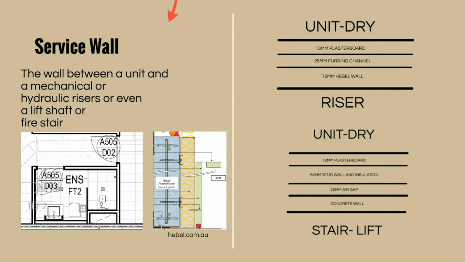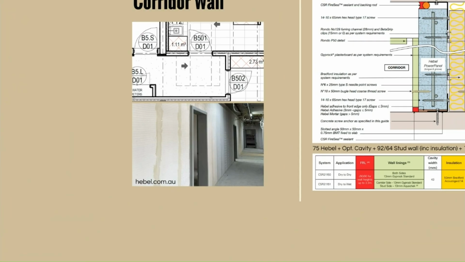As you can see in this example, it would be 13 millimeter plasterboards, 64 millimeters stud wall, and insulation. Mainly we need a thicker insulation because a fire stair or a lift shaft can be a little bit cooler. And also we need a 25 millimeter gap and then the concrete wall, which is part of the lift or the stair.